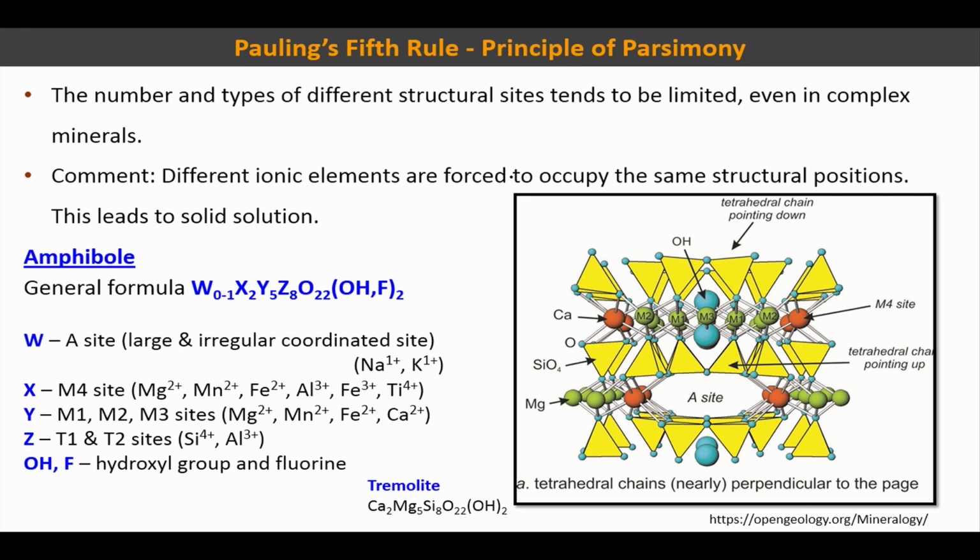So even if you have 20 different types of cations, anions or ionic groups present, they will go to particular sites. For example, in the amphibole structure you will find many different atoms present, but they will go to particular sites. So we will try to understand the second, third, fourth and fifth rules in the next lecture.